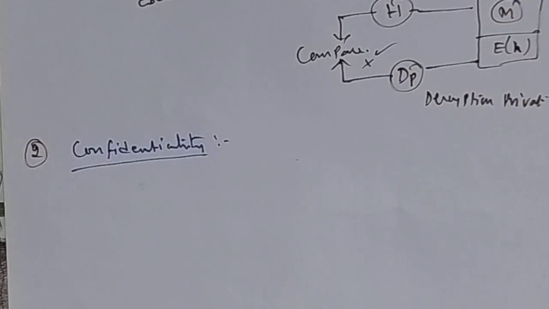PGP provides another basic service, confidentiality. In the previous case, we are focusing only on authentication, but the people who know the public key of the source A can open the message, even though they can't open the hash value. To overcome this problem, we have to provide confidentiality. Okay.